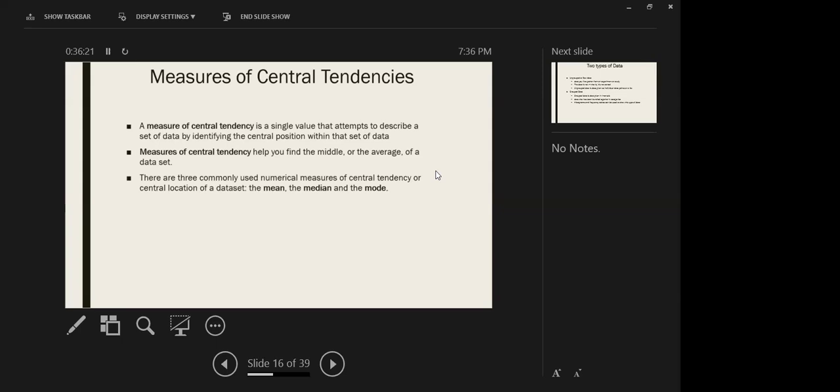So the three commonly used numerical measures of central tendency that we are going to talk about in this module will be the mean, which is basically your average, the median, which is basically the value that separates your data into two halves, and then there's what we call the mode.